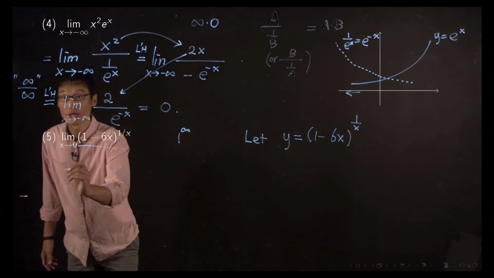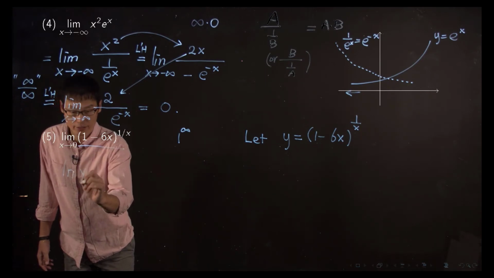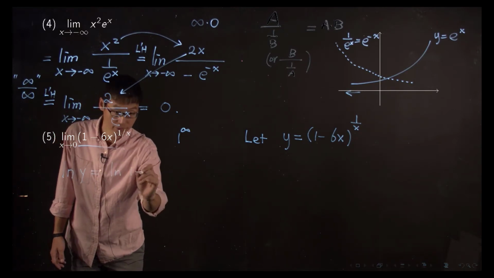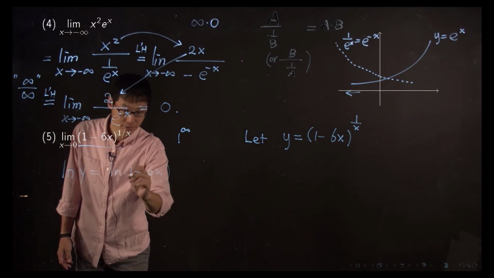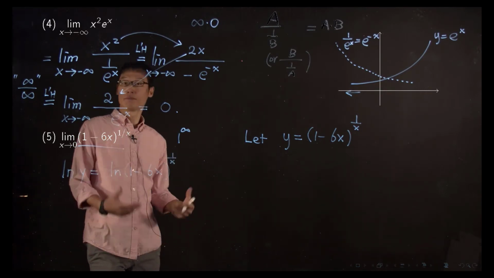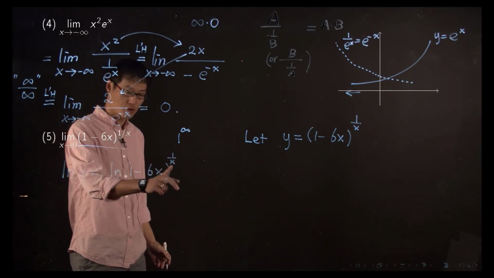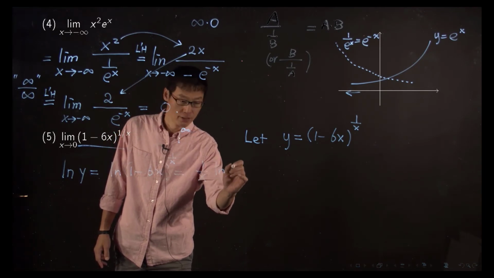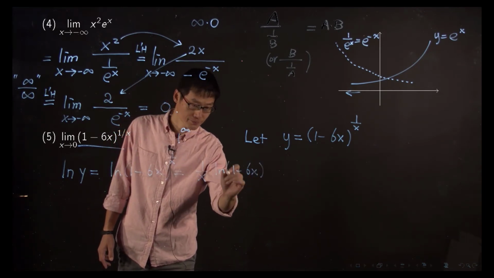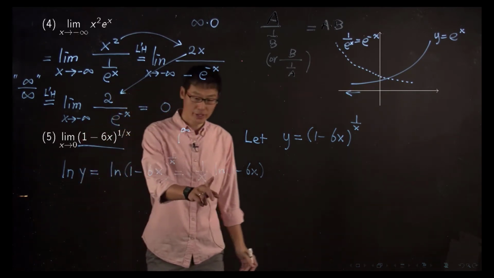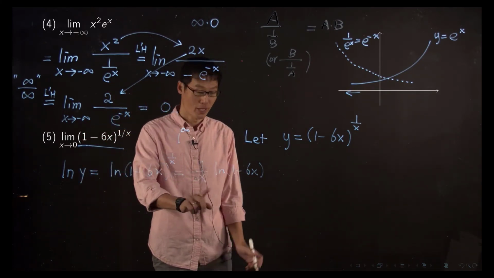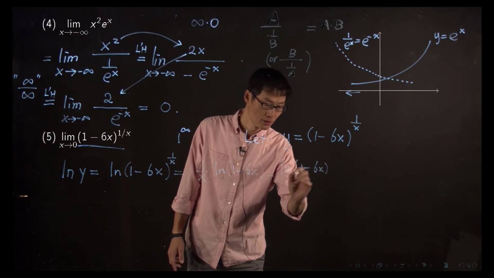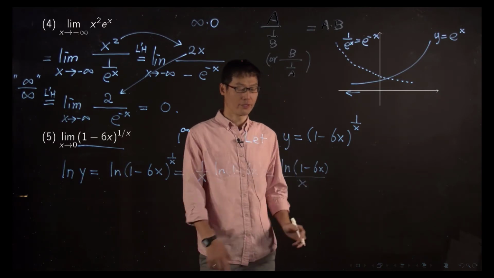So then we have ln of y is ln of the right hand side, and using the property of ln, you take this power down here: 1 over x times ln(1 minus 6x). As you see, we have a fractional expression automatically: ln(1 minus 6x) over x. Very good.